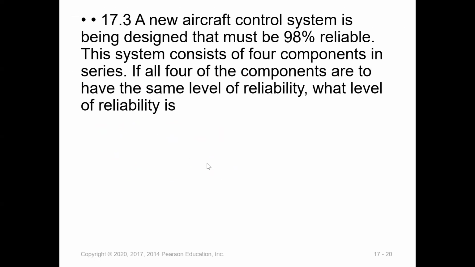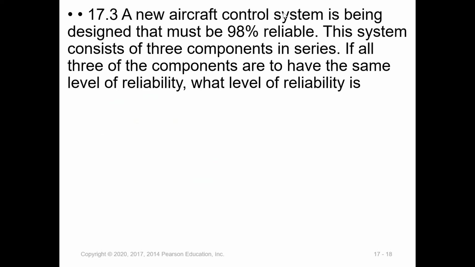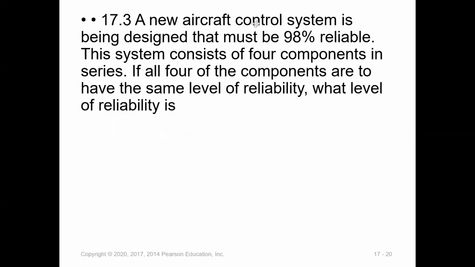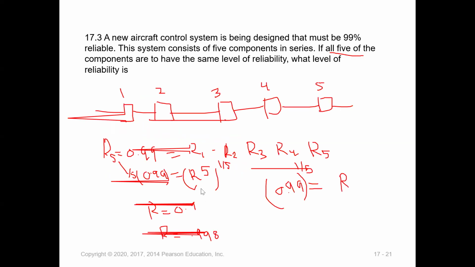And we learned how to find the reliability of a component if the system reliability is given, like this example here. Okay, in this example we are given the system reliability and the components.